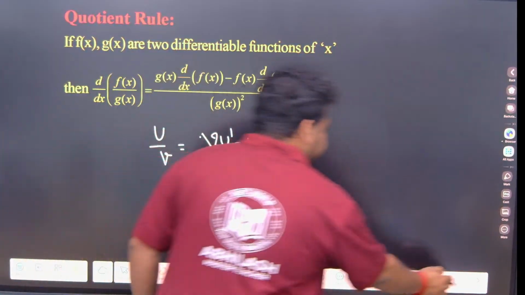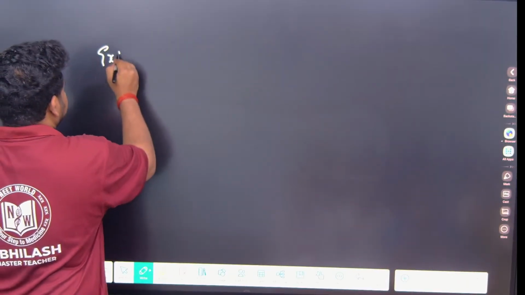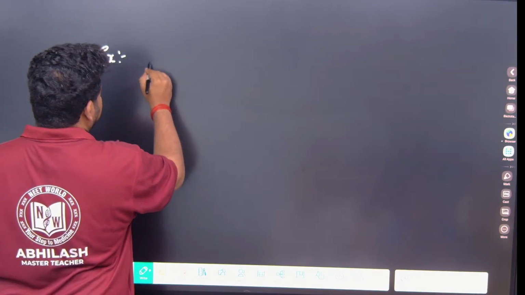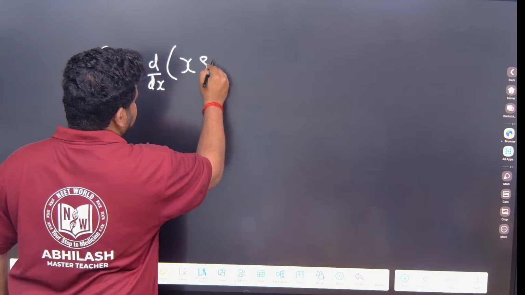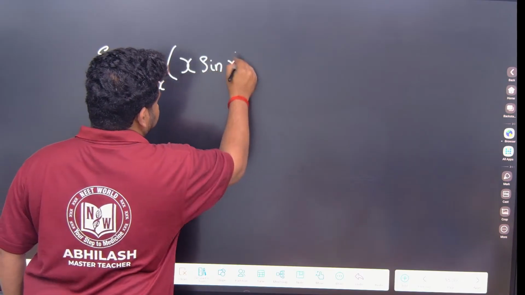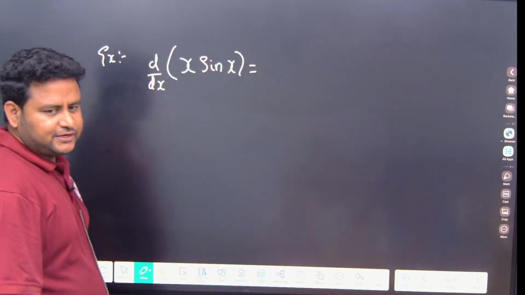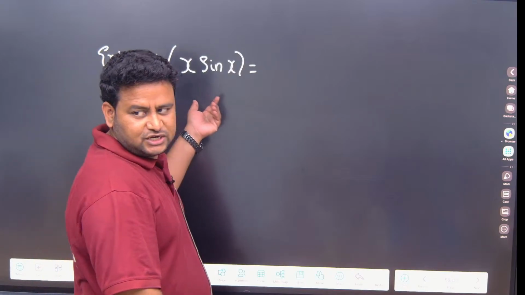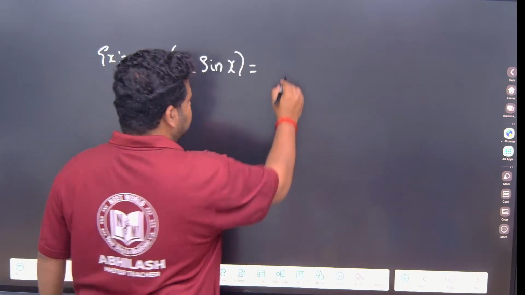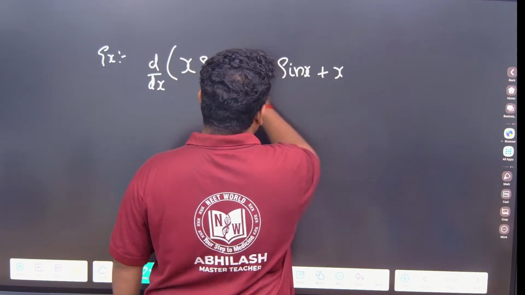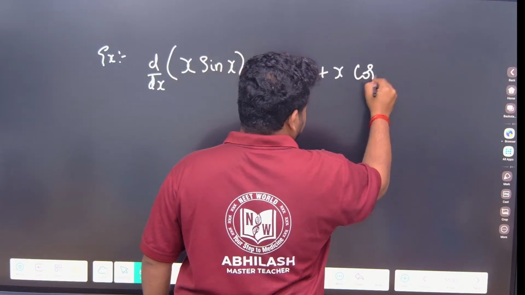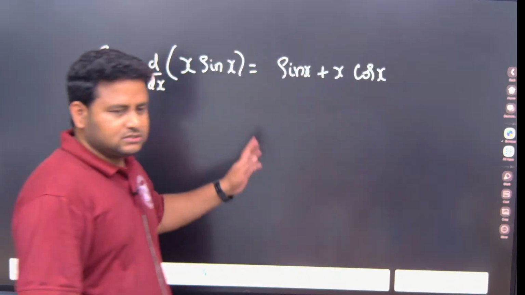Fine. Next, let us take an example. Find d by dx of x sin x. First, you differentiate x. Differentiation of x is 1. You write sin x plus x as it is. Differentiation of sin x is cos x. That is the UV rule.